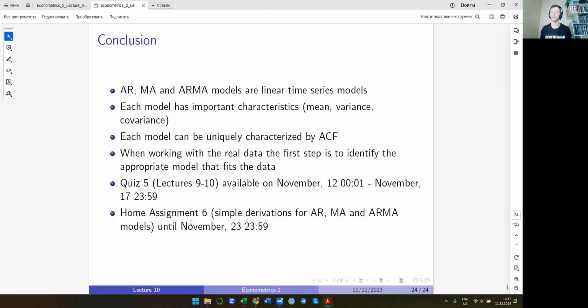So simple computations just to somehow move you back to mathematics, and to motivate you to start thinking not only in terms of estimation, but also, before estimating some model, you need to understand what the properties of the model are that you estimate. Any questions, friends?